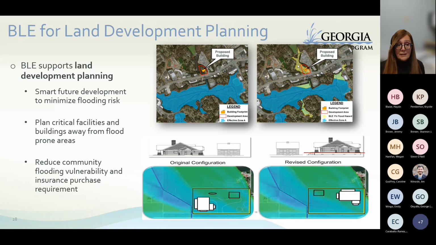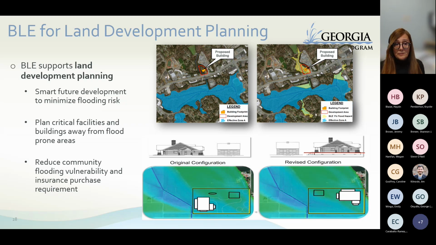Again, if you overlay the proposed development with the results from the base level engineering analysis, you can see that a significant portion of the 1% base level floodplain is passing through this property. So the base level engineering analysis can provide information about the existing flooding risk beyond the effective special flood hazard area for your communities.